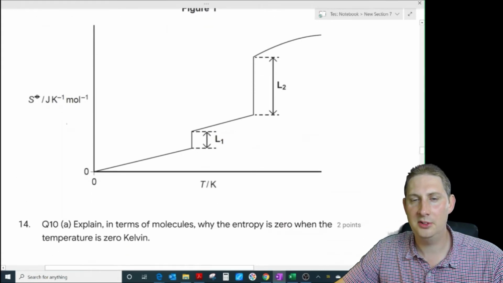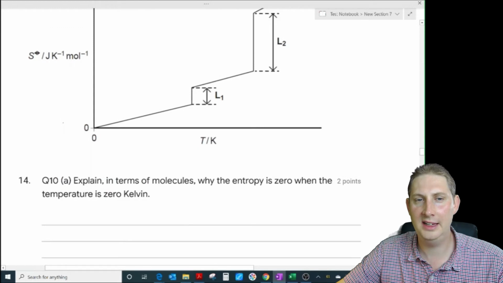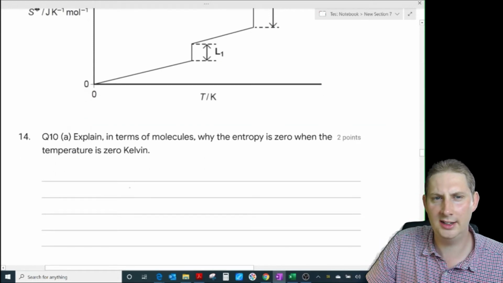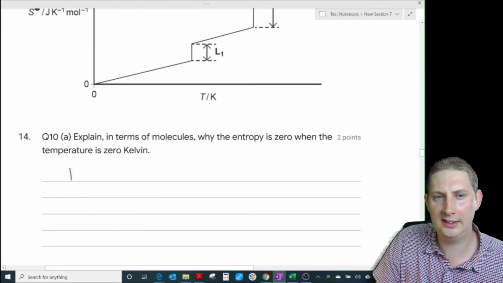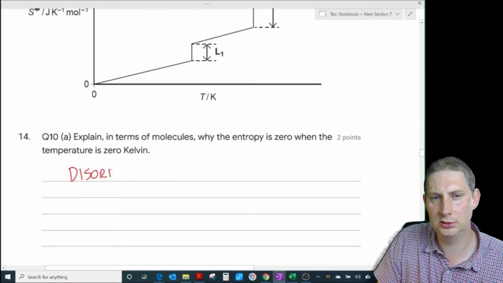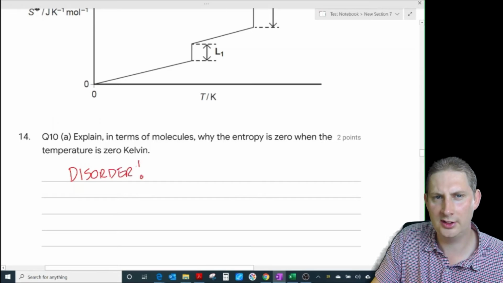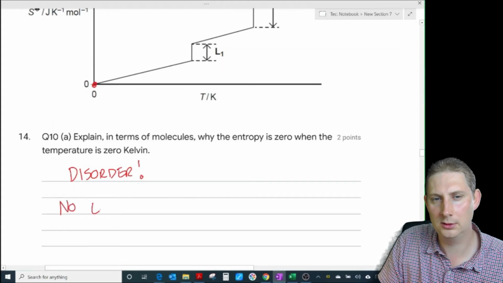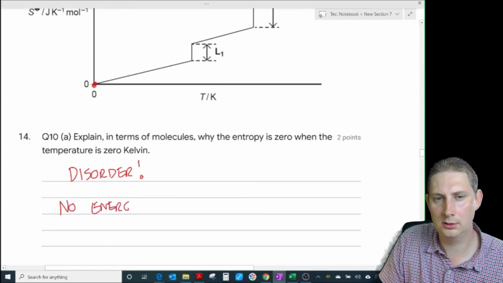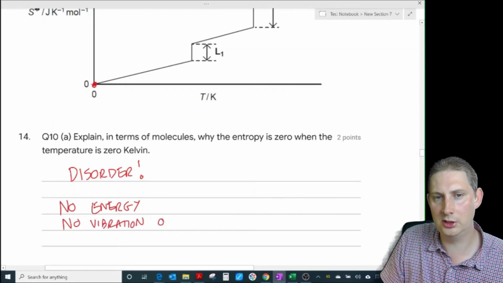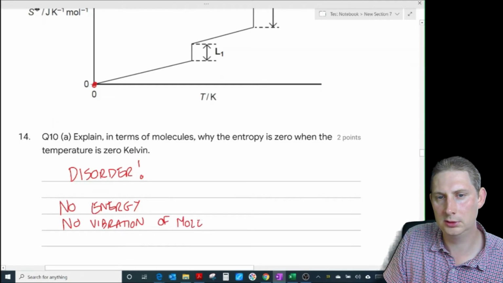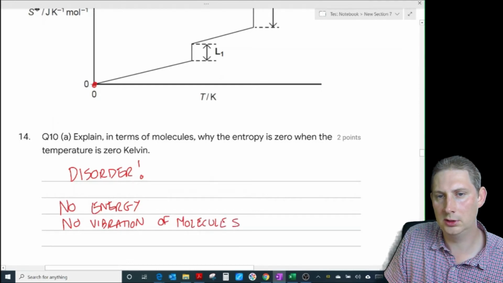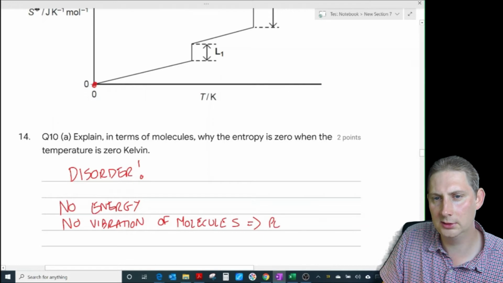Right, explain in terms of molecules why the entropy is 0 when the temperature is 0 Kelvin. And you had to talk about disorder. So the idea here is that there is no energy, so no vibration of molecules, so it's perfect order.